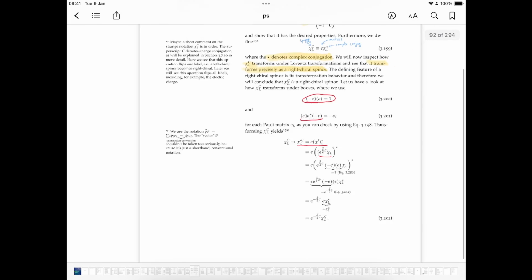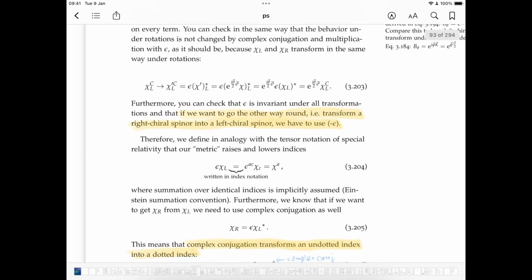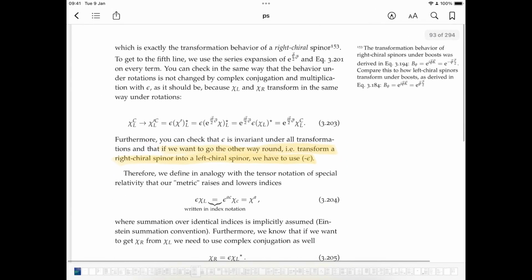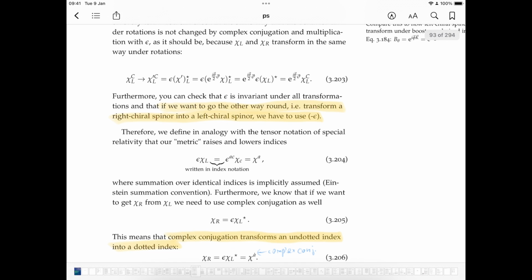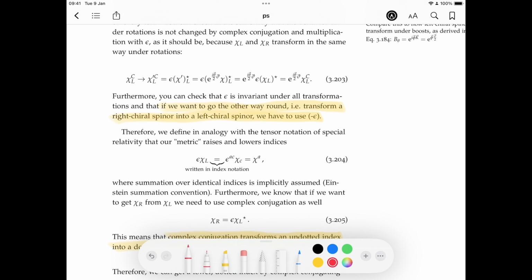Let me see what is on the next page. Here he just checks for the rotations, and that's true. If we conjugate the left Weyl spinor, we obtain the same transformation under rotations, so nothing changes. That means we have a way to transform left Weyl spinors to right Weyl spinors by using that conjugation procedure.